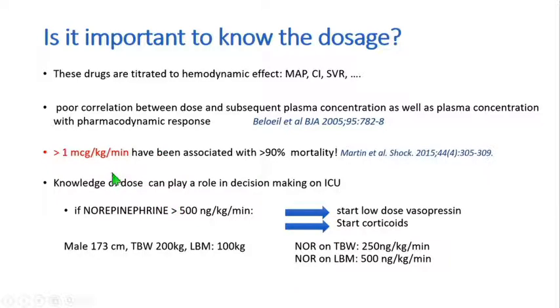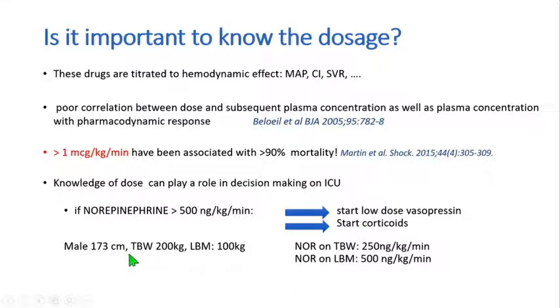But we do know that any administration of, for instance, norepinephrine above 1 microgram per kilogram per minute is highly associated with mortality. And I think it's also important to know the dosage in your decision making. For instance, for norepinephrine, if you have a dosage higher than 500 nanograms per kilogram per minute, it is advised in recent guidelines to start up vasopressin and to start corticoids.